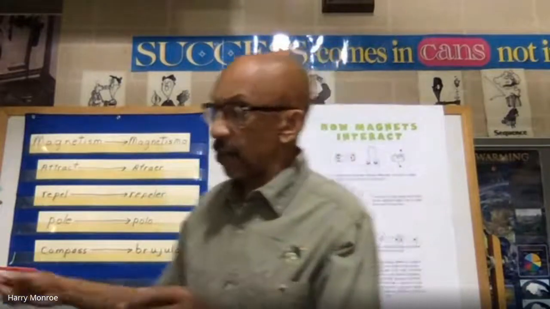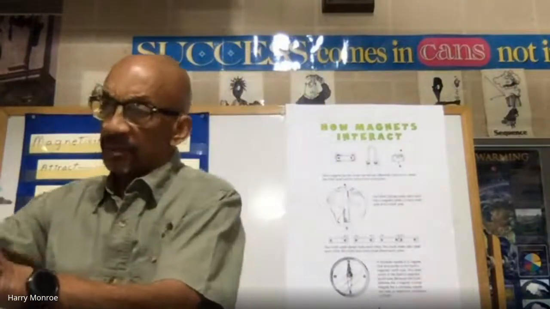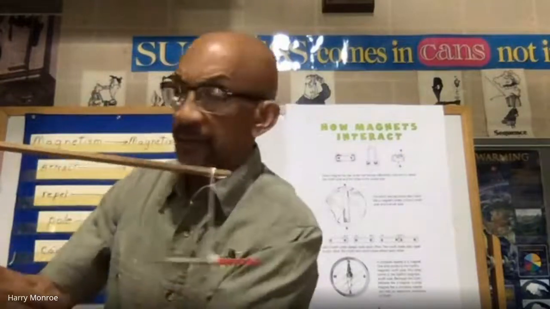Now, I'm going to show you a little trick, just enough time to show you a homemade compass that I made by simply taking a bar magnet and tying it onto a ruler and extending it out into space. And I'm going to spin this around and we're going to see if this works.